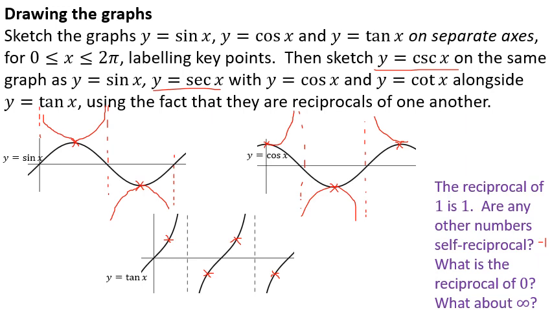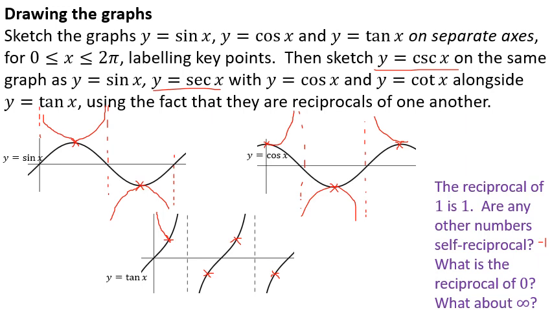Now we can do a similar thing with tan to get cot. When tan is 1, cot is 1, so we've got that point. But as tan gets smaller, cot gets bigger, and we end up with an asymptote for the 0. And that'll happen again for this one. We have a negative for the next one.